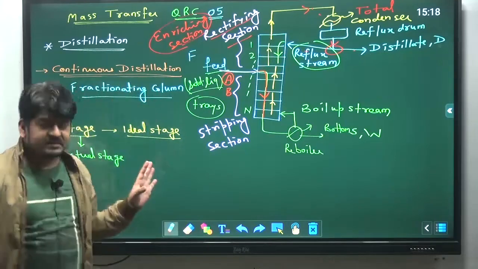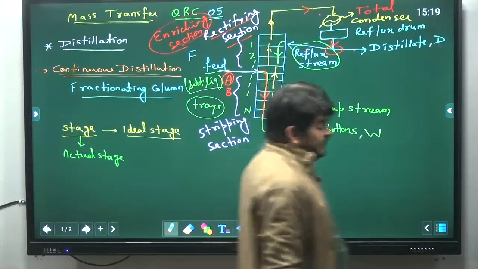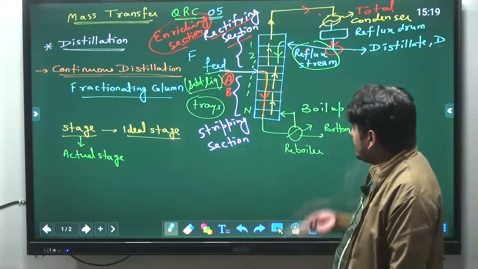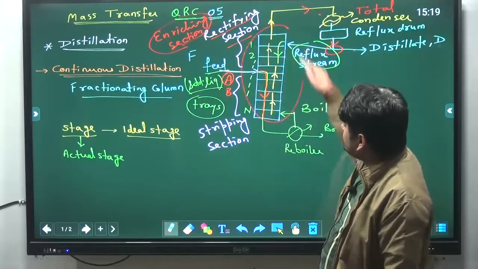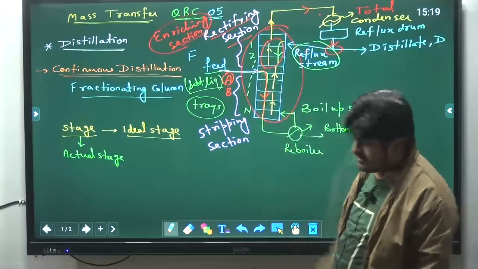So here on this column, first we will do the material balance. How can we do the material balance? That depends. Either you want to do the material balance on the overall column or inside the column on the trays.